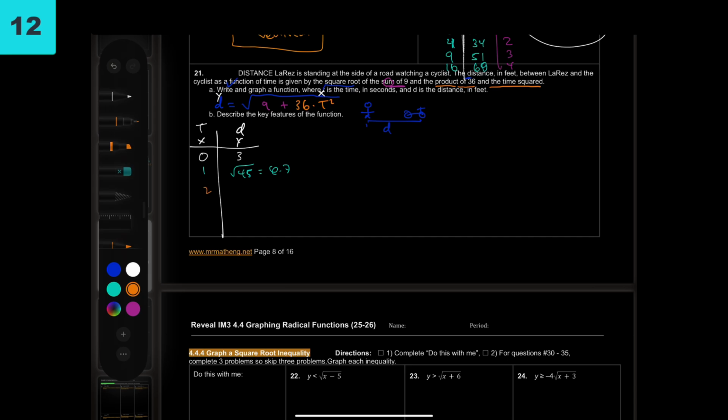Now if I put in 2, 9 plus 36 times 2 squared, that gives me 36 times 4, then add the 9. Square root of 153 gives you about 12.4. Okay, let's go ahead and graph that.